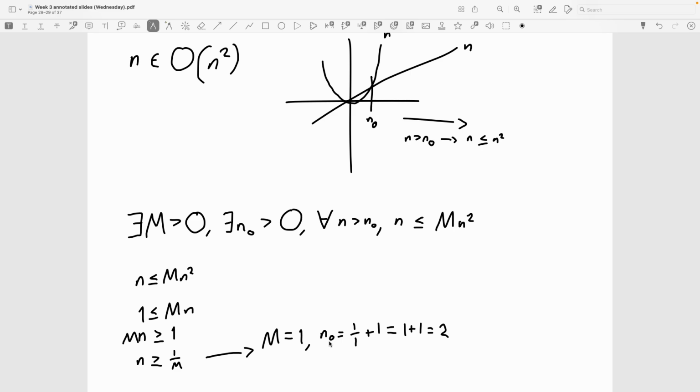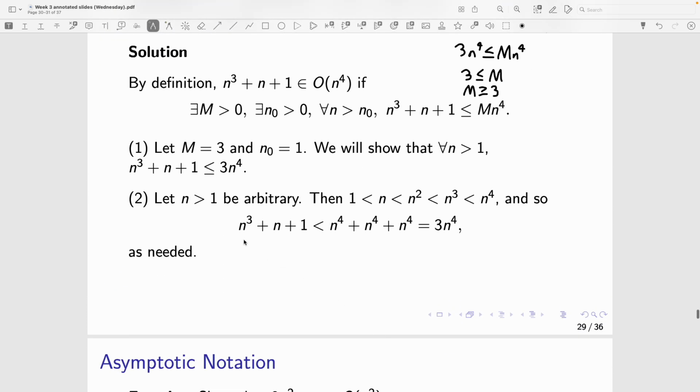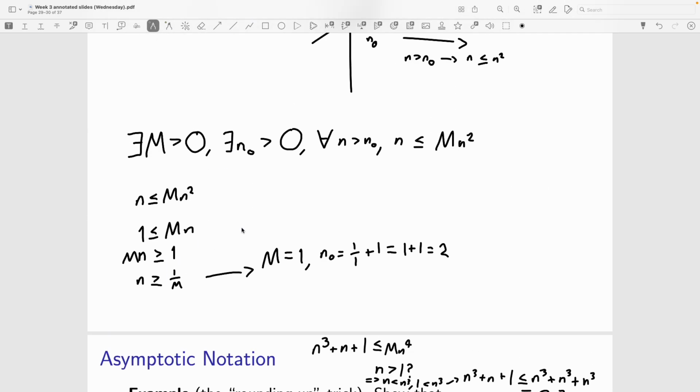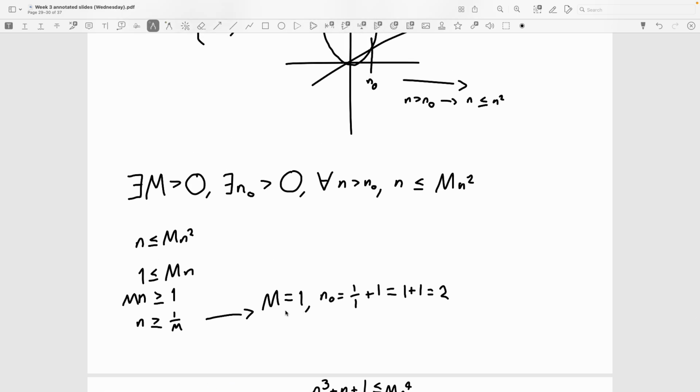And then my next step in my formal proof would be to say let n naught equal 2, and then let n greater than 2 be arbitrary, similar to what we did here. And I would also set a specific value for m, m equals 1, as shown here.